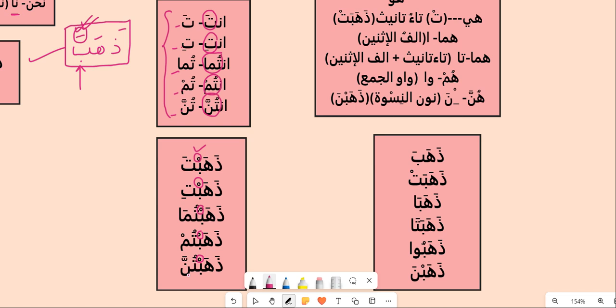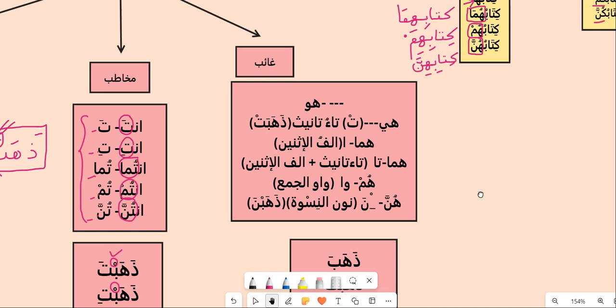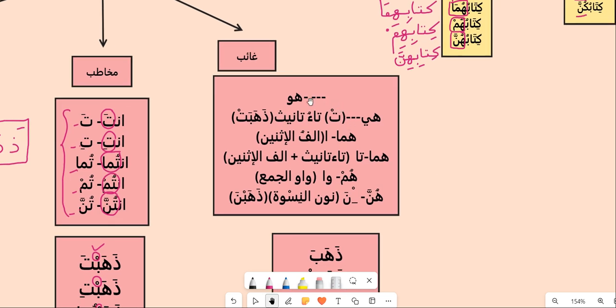Now let's check the ghaibs. What happens in the ghaib? There is a simple change in ghaib. So let's see first. Huwa, we don't have any damir for the huwa. It's called damir mustatir. I forgot to give the name here.